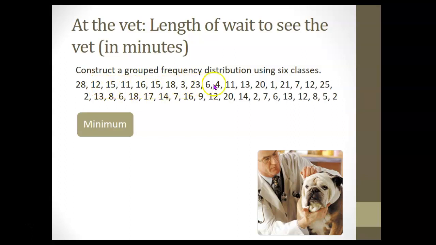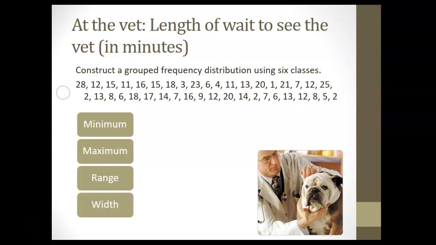So with this long list of numbers, we want to organize it into a frequency distribution using 6 classes. So remember, we're supposed to look through the list and find the minimum and the maximum, and then calculate the range, which is the maximum minus the minimum, the highest minus the lowest. And then the width would be the range divided by the number of classes rounded up.